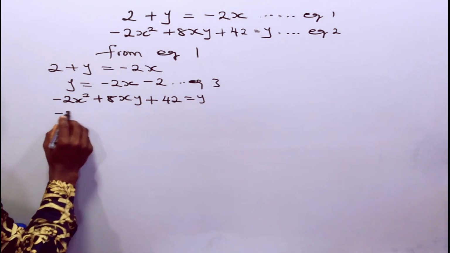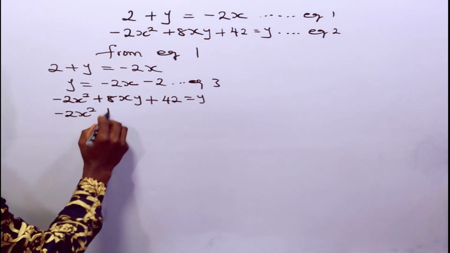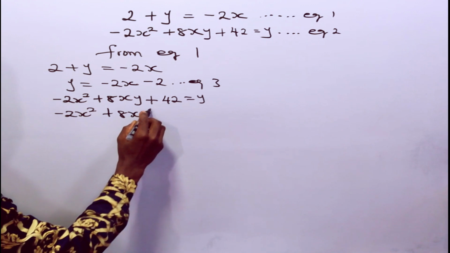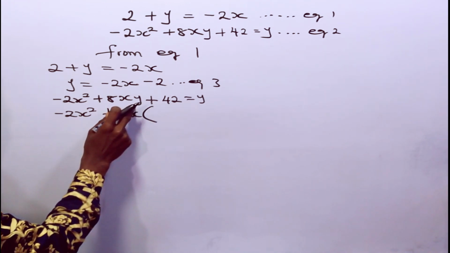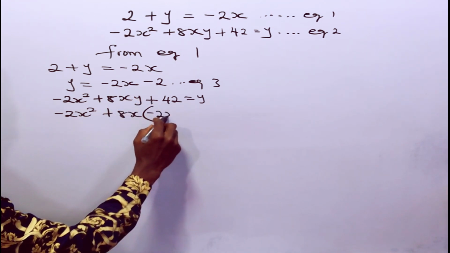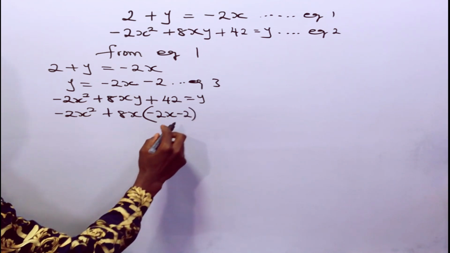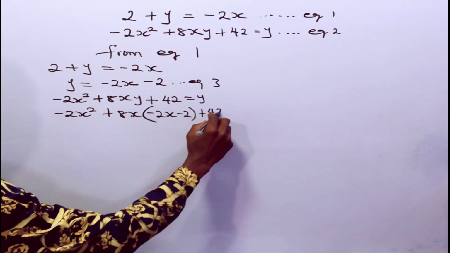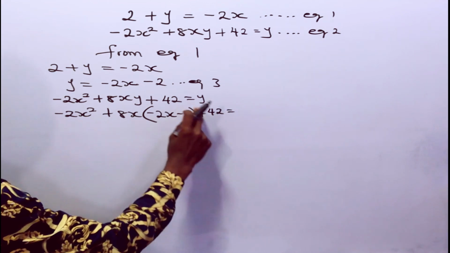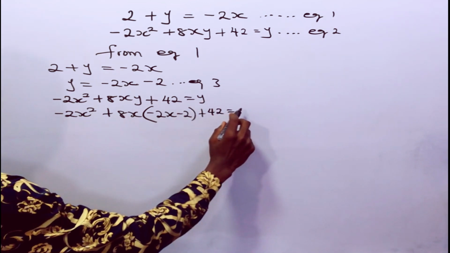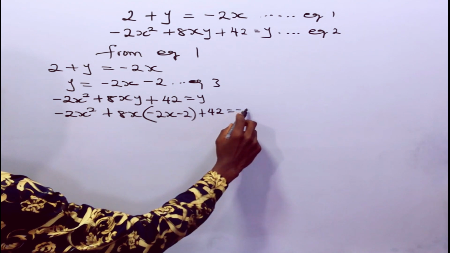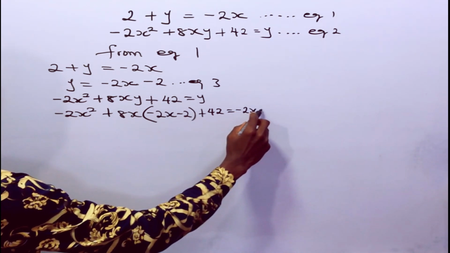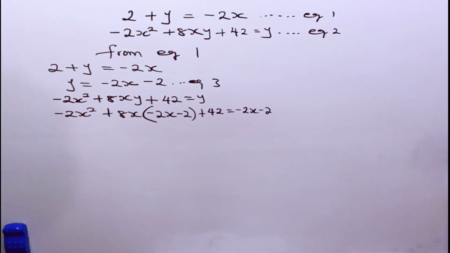So we'll have negative 2x squared plus 8x, in place of y we place negative 2x minus 2, then plus 42 is equal to our y again, which is negative 2x minus 2.